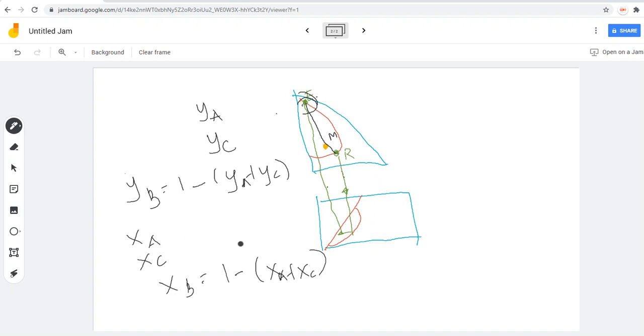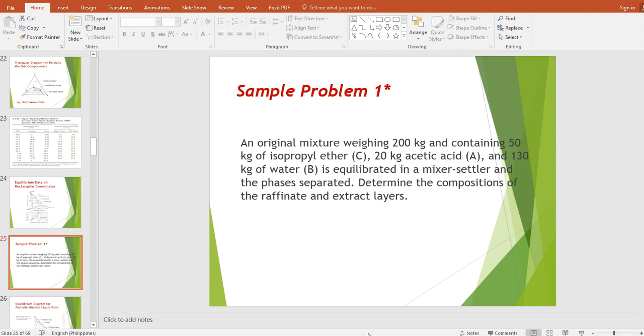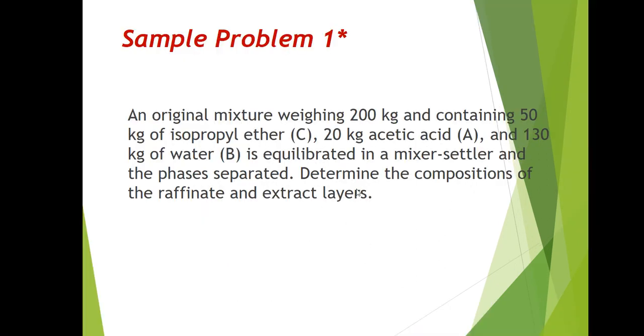So it's very graphical in interpretation. So in terms of the problem that we were discussing here, you can now determine the composition of the raffinate and the extract layer using that particular procedure.